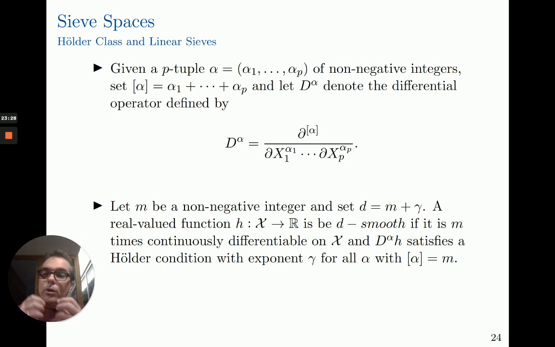But how good are these approximations? It depends on how complicated the nonlinear function is. So if we want to use simple sieves like polynomials or trigonometric functions, we need the unknown function to be restricted to a certain class. Okay? And this function should be smooth enough such that the derivatives will satisfy this Holder condition.